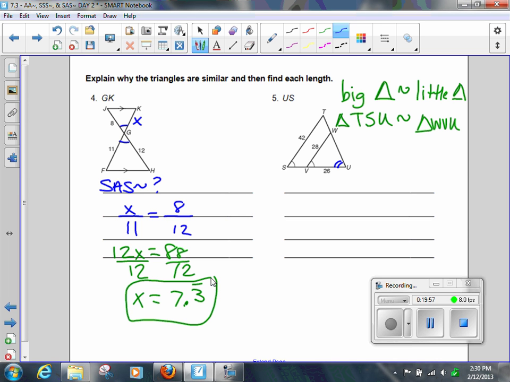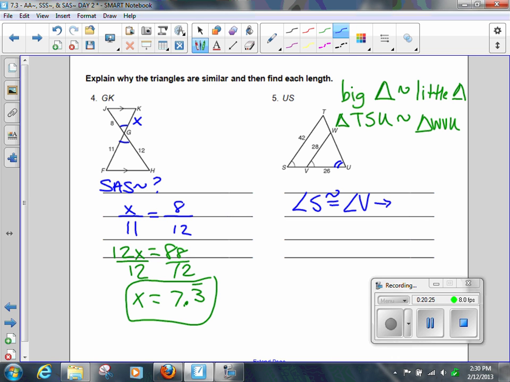What's the best answer? Why, Dennis? Why is it angle similarity? It's got two sets of corresponding angles congruent, doesn't it? What's the first set of corresponding congruent angles? Angle S is congruent to angle V.